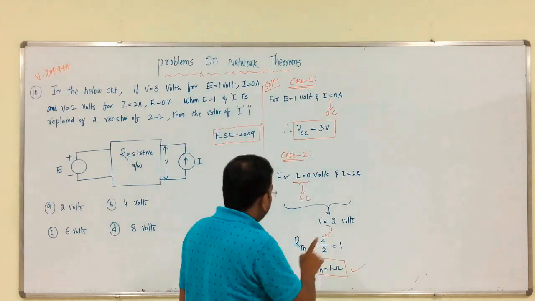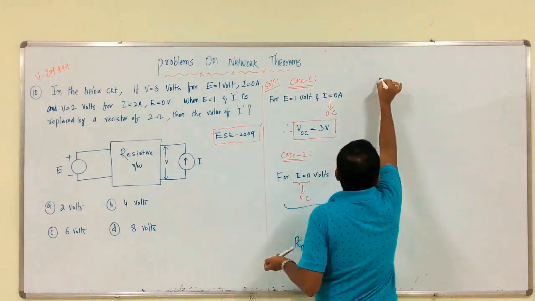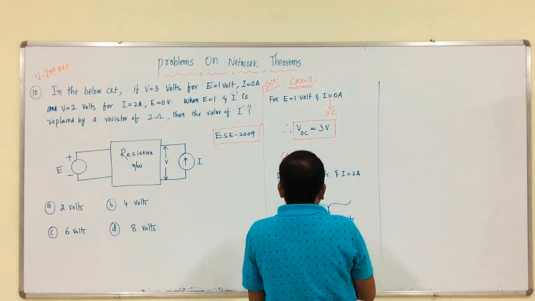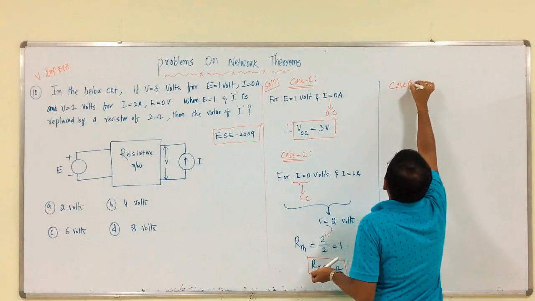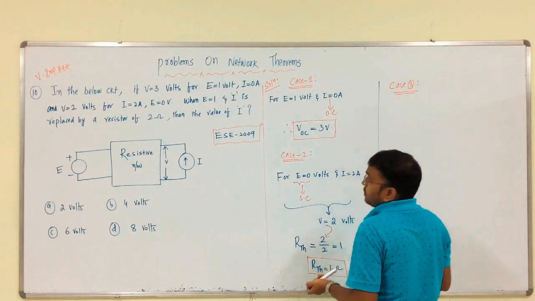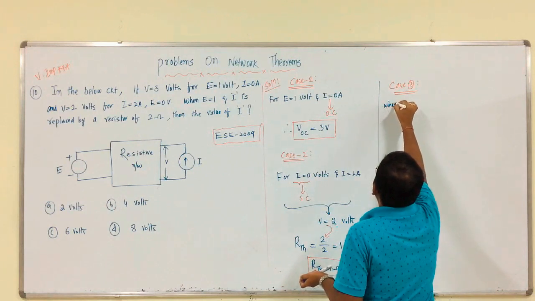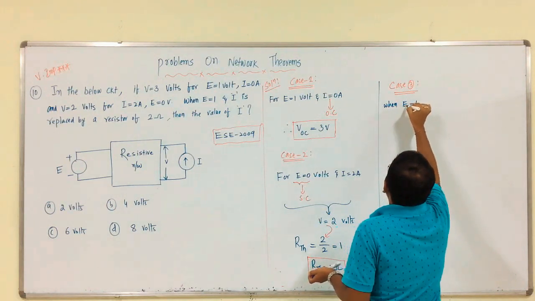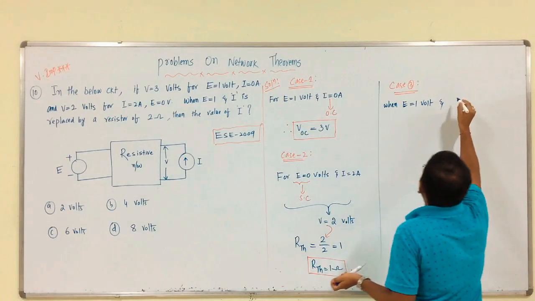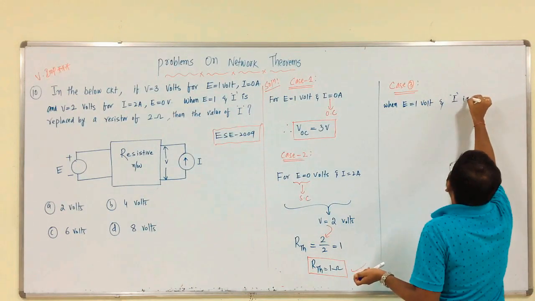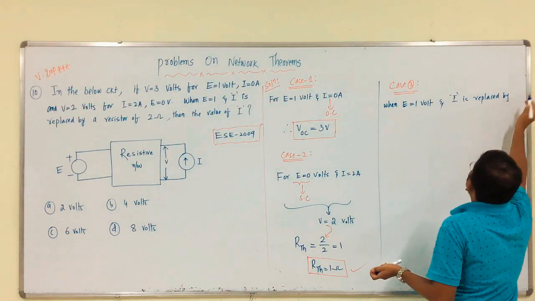So, we have VOC, we have RTH. Then we have to calculate case 3. What is case 3? When E is equal to 1 volt and I is replaced by what?